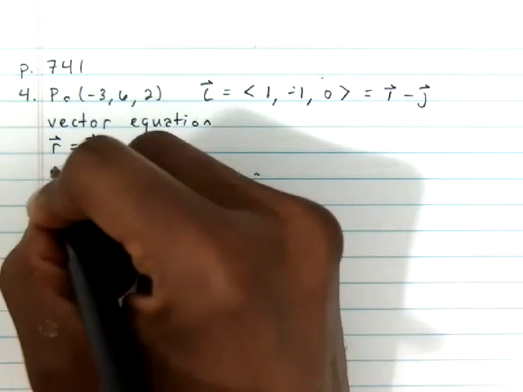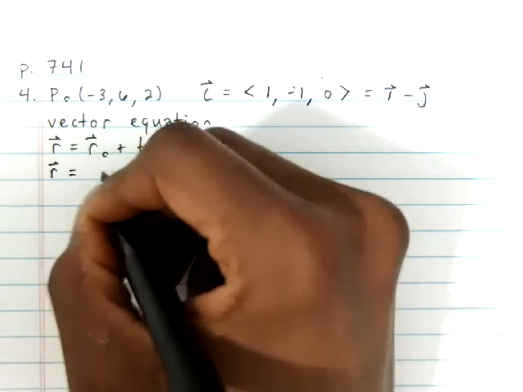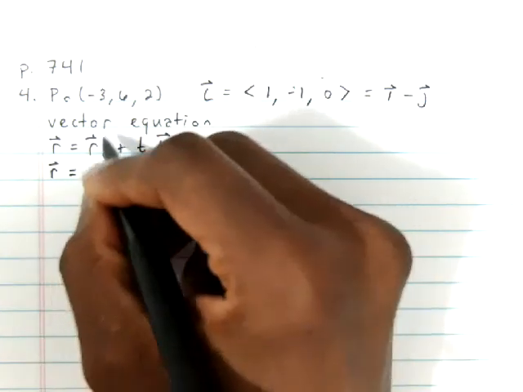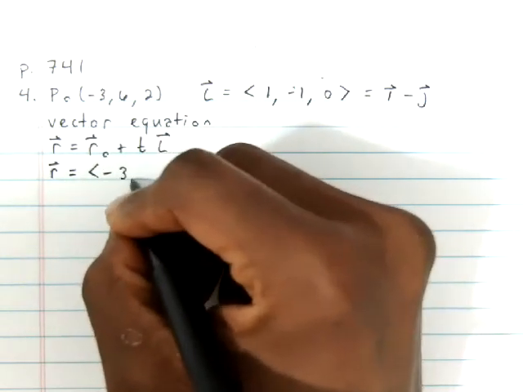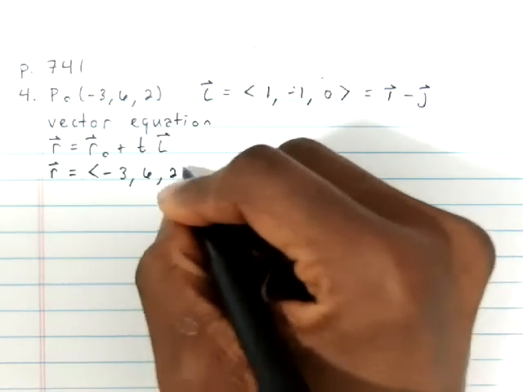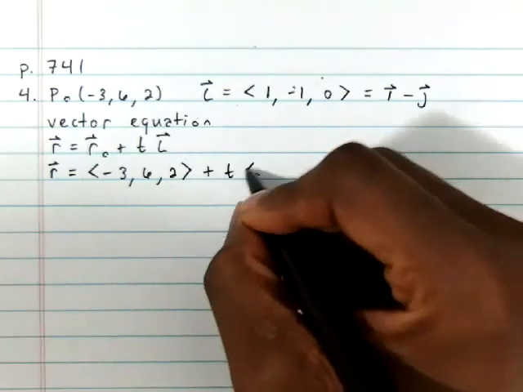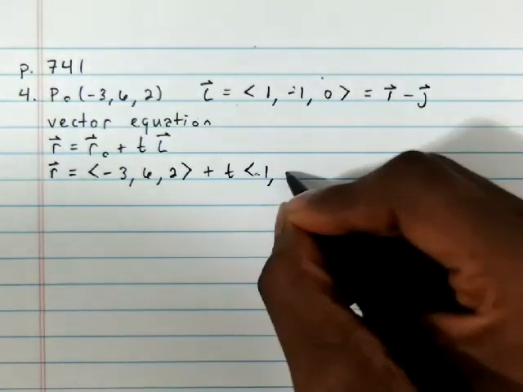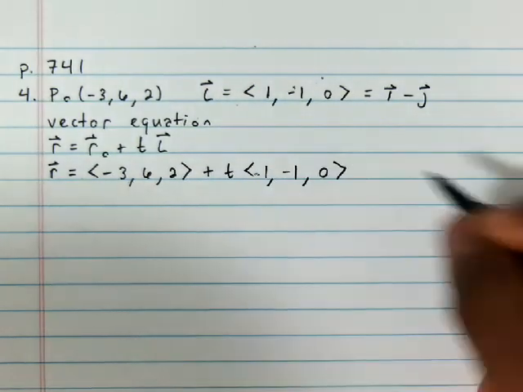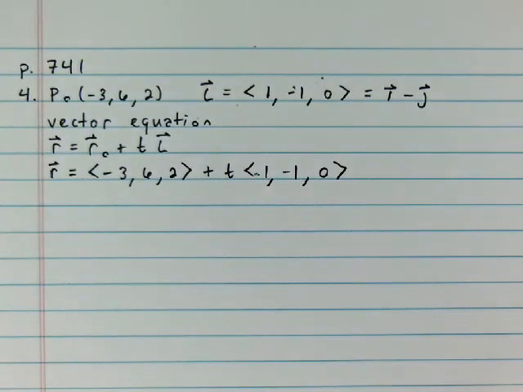So this is R equals, now using vector brackets, negative 3, 6, 2 plus T times, then we just put in our vector L and we're done: 1, negative 1, 0. And that's the vector equation.